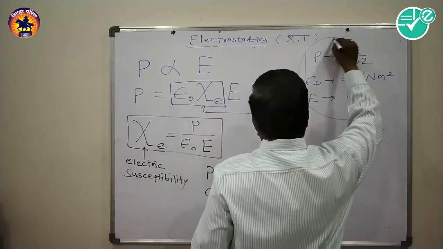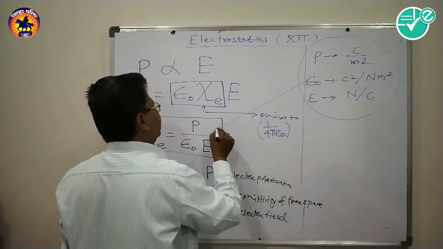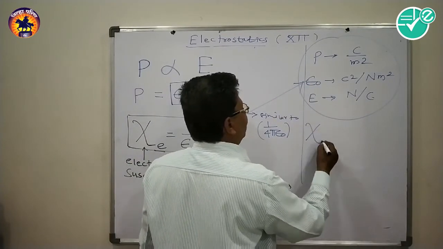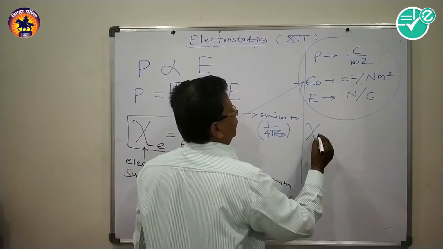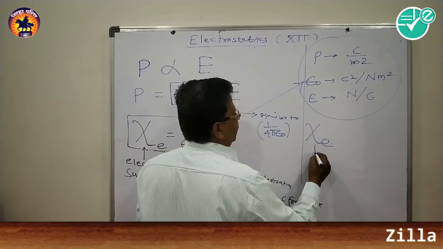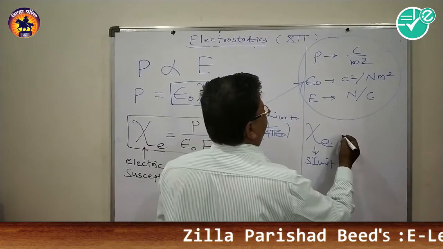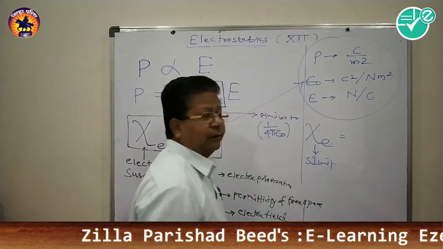If all these units are substituted in this formula, then the SI unit of electric susceptibility chi E is nothing.